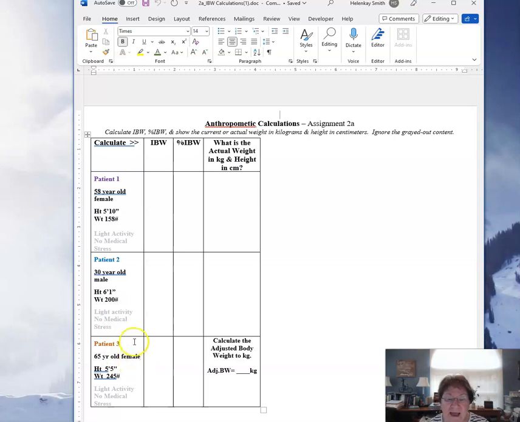All right, this last patient is a 65-year-old female, and you're going to be calculating in the third column the adjusted body weight.